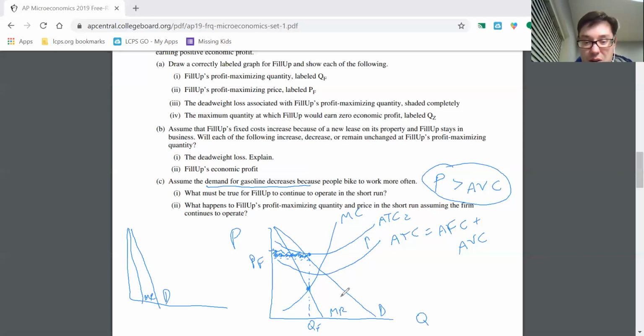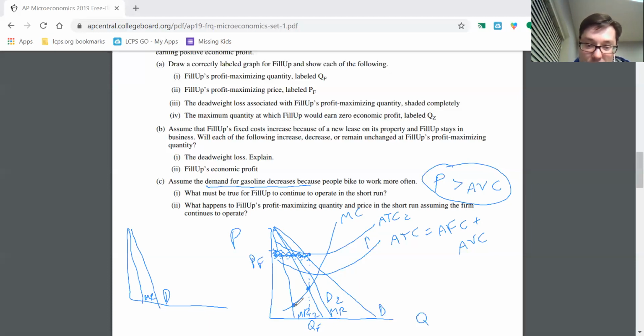So these curves are coming in this way, at a much steeper slope. And they ask what's going to happen to the profit maximizing quantity and price in the short run. If these curves shift further in, let's just draw it on top of this one. Let's say MR came over here, and demand, it's going to get messy, but let's try demand 2 and MR2.